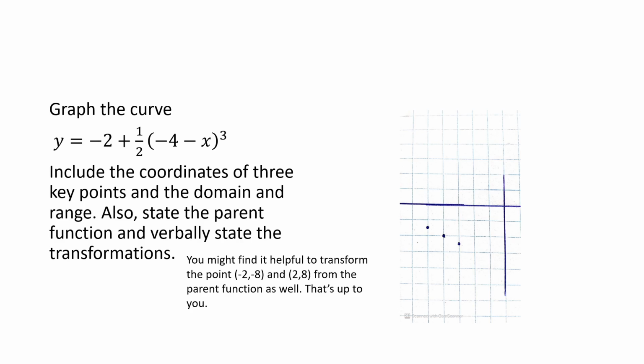Now, some people find it difficult to remember that. So what some people do is they will also transform the points -2, -8, and 2, 8. Now, why would they do those 2 points?